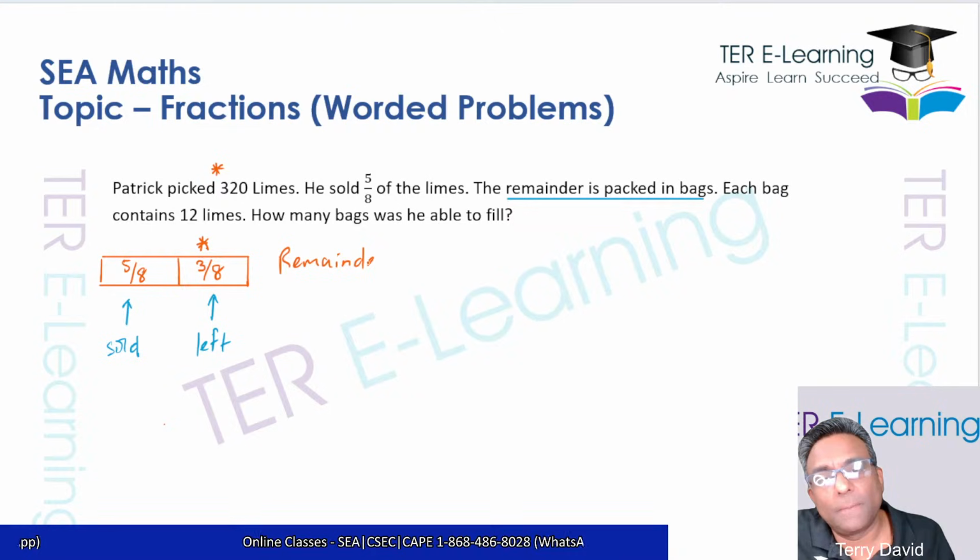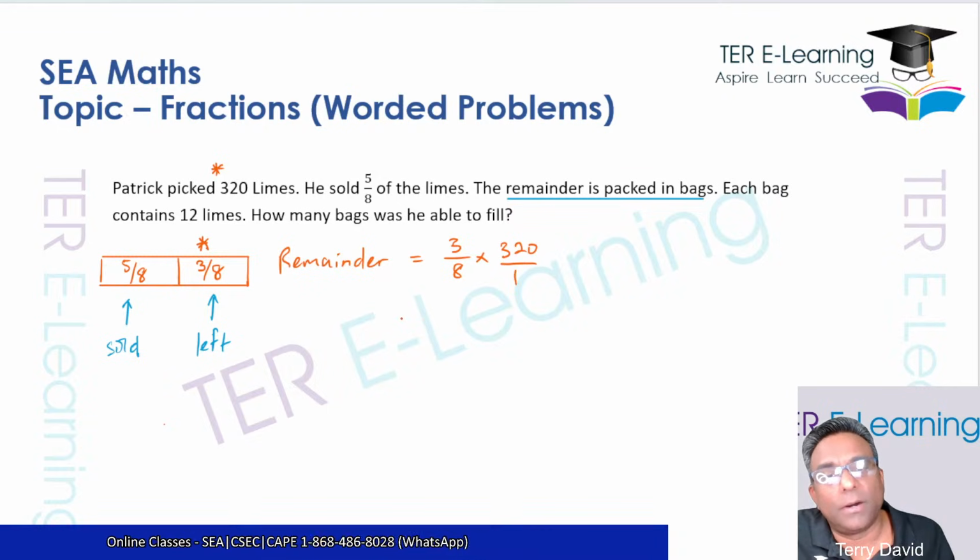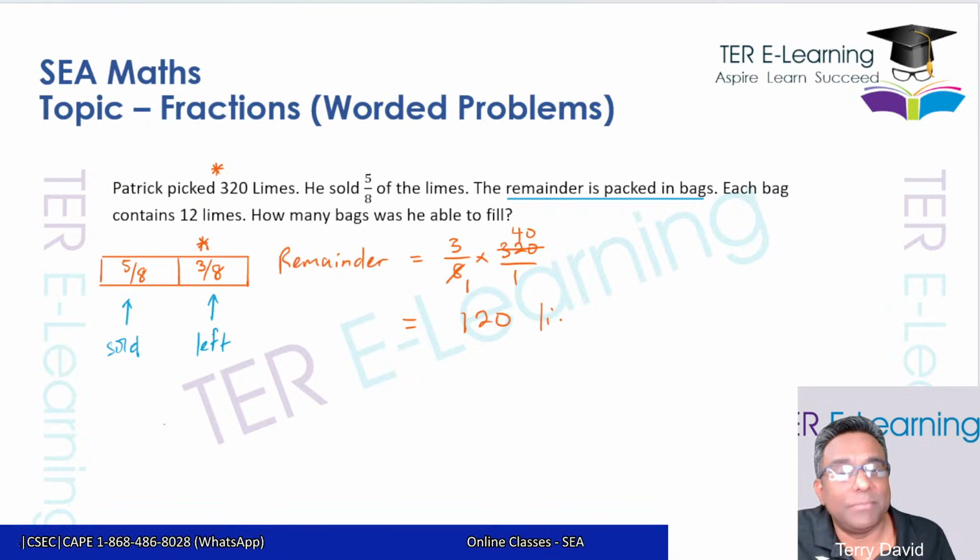So the remainder is simply going to be 3 eighths multiplied by 320. So 8 can go into 8, 1 here. 8 could go into 32 4 times. So this is 40. So 40 by 3 will give us 120. So this is the amount of limes he has remaining, 120 limes.